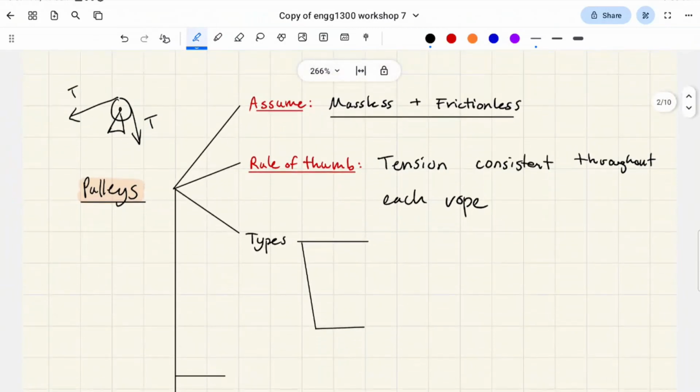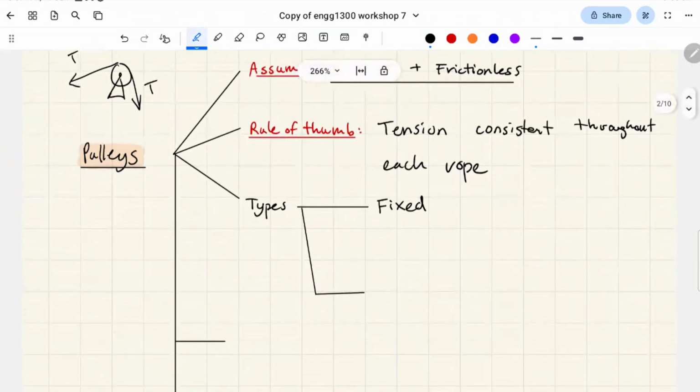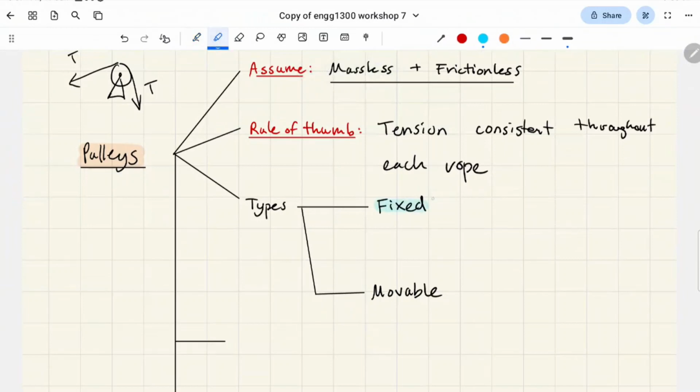So basically, the first type of pulley is a fixed pulley. There's a few names for this, but you can call them fixed pulleys. People know what I'm talking about. And the next one is movable pulleys. Okay, so here are the two types. Mathematically and physically, we have to think about these two things quite differently, even though they're both pulleys, right?